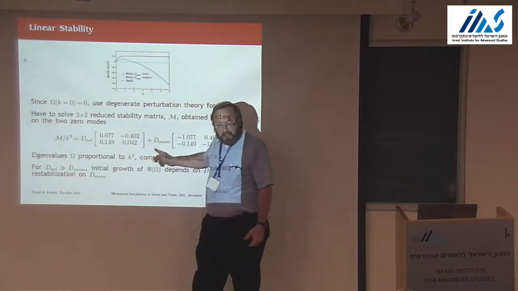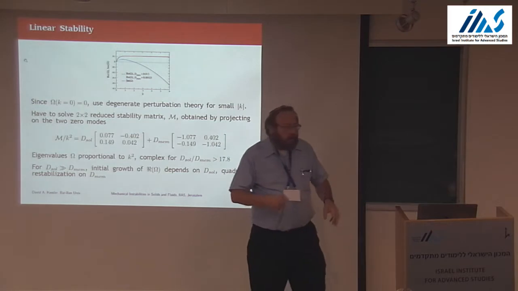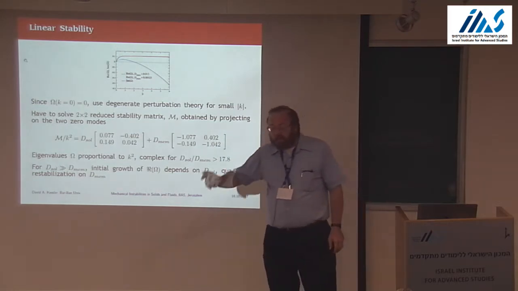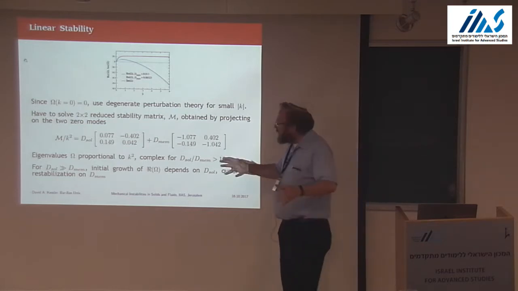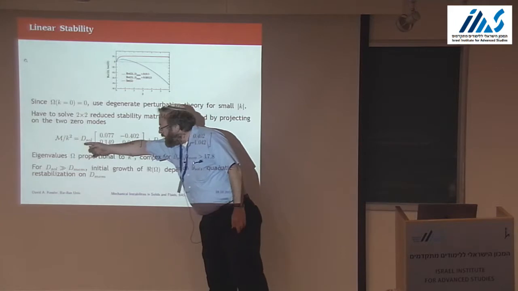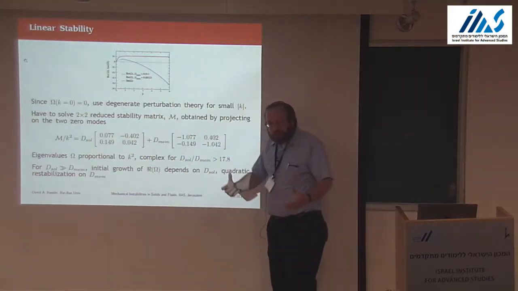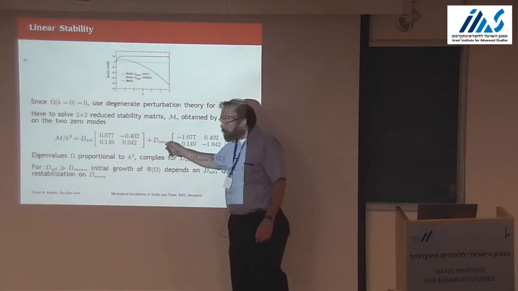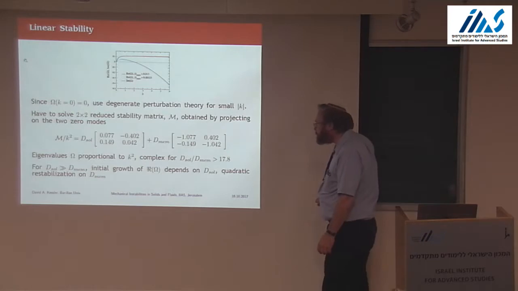There are 4 diffusion constants, but to make things simple, we'll imagine that the 2 cytosol diffusion constants have one value and the membrane ones have another. You can do the more complicated case, but it's just easier to think about what's happening here. So you get things which are proportional to D cytosol, which is the big diffusion constant, and terms proportional to D membrane, which is the small diffusion constant on the membrane.